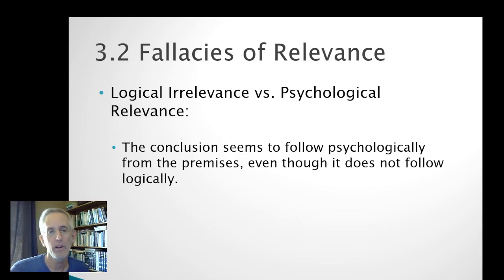Now, the goal here is to go through these fallacies, understand their basic structure, and I'll give you some examples here of each type. And then on the exams and quizzes later on, you'll have to be able to read a passage and identify which of these fallacies is actually being committed. That's the goal, to be able to detect these fallacies in everyday speech.